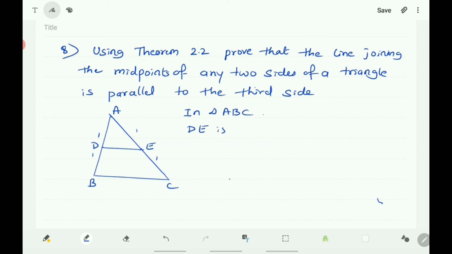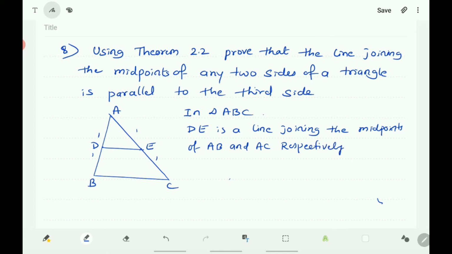DE is a line joining the midpoints of AB and AC respectively. This is given here. So what you have to prove? You have to prove that DE is parallel to BC.